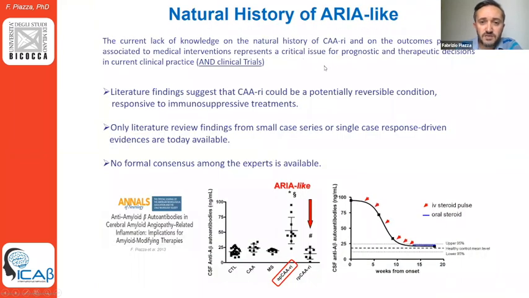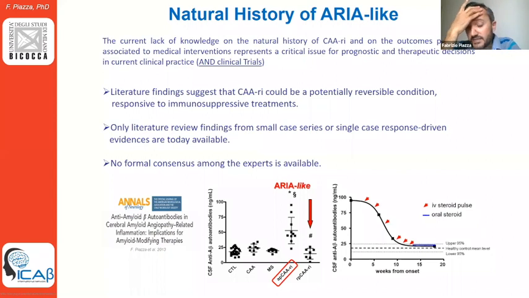And this opens the last part of the talk, where I would like to talk about this study, which was focused on the natural history of ARIA-like events in CAA-ri, because there are, as I showed you, some findings suggesting that CAA-ri could be reversible and responsive to immunosuppressive treatments.